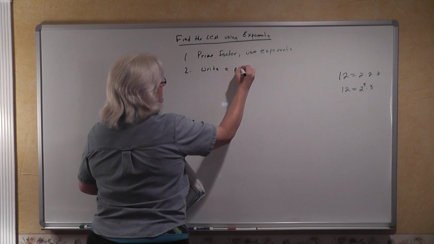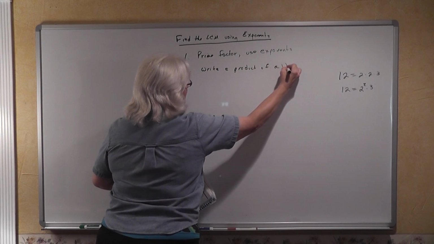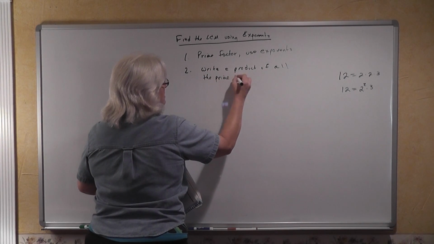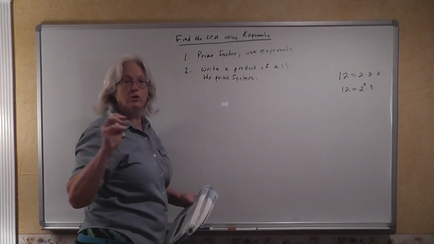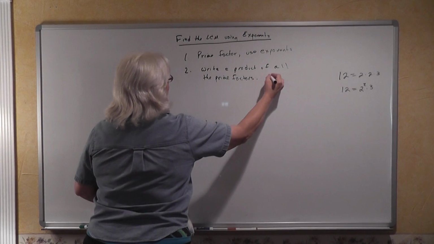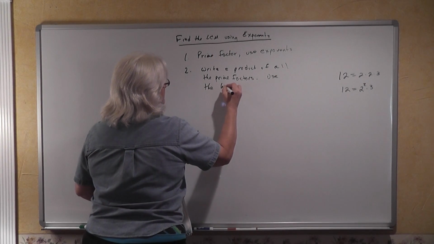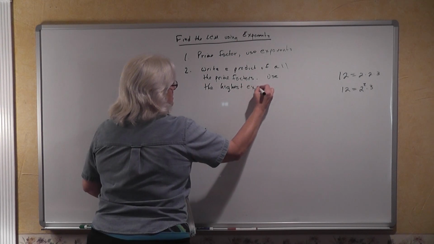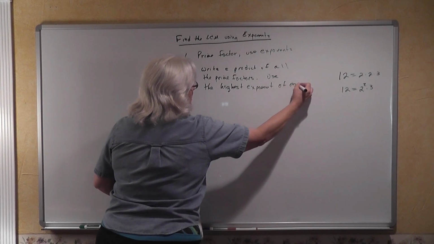write a product of all the prime factors, and you're going to use the highest exponent of each, and I'll illustrate what I mean. Use the highest exponent of each.